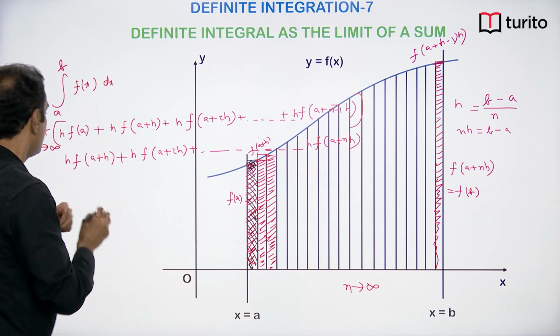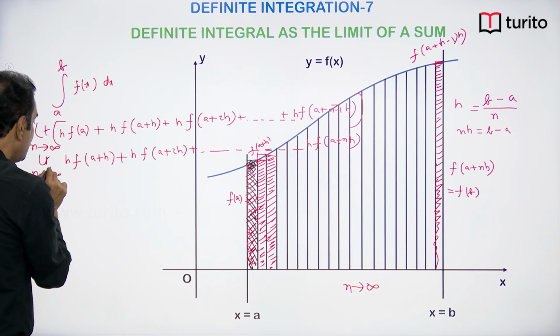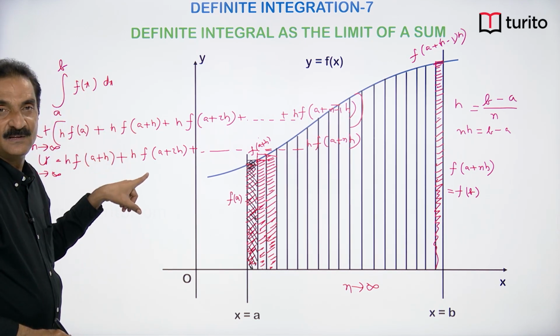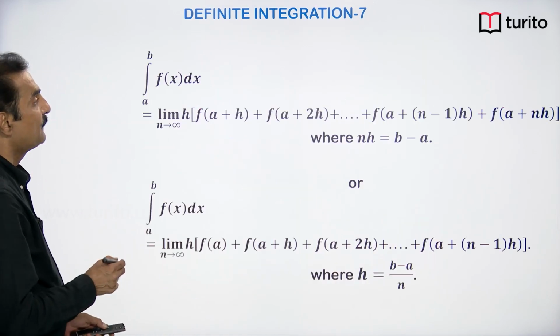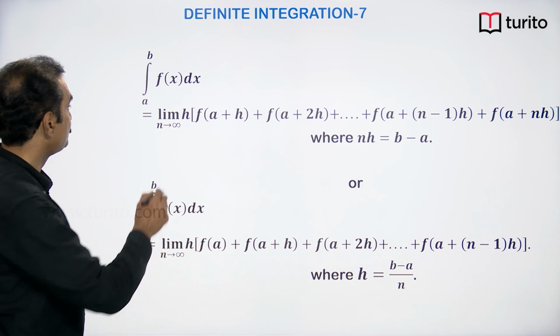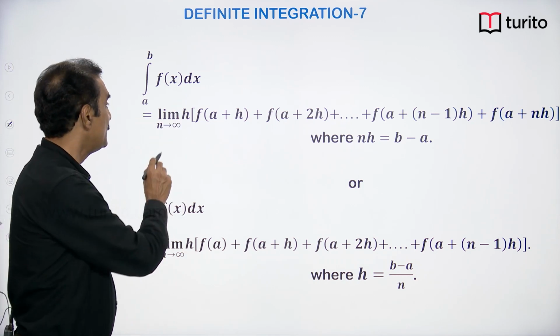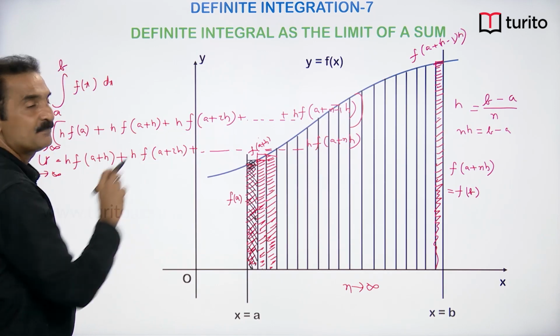Okay. So we can write this definite integral as this sum or this sum. Now the same thing, integral a to b f of x dx is equal to limit as n tends to infinity. I have taken h common.